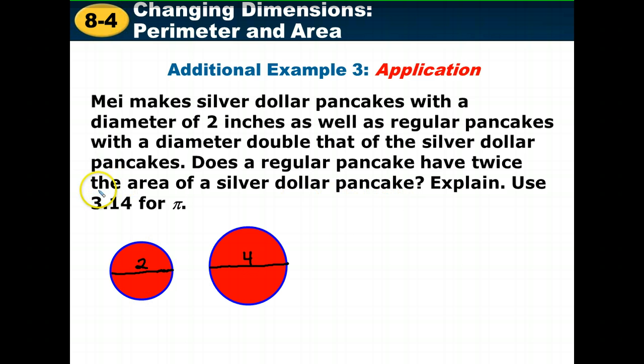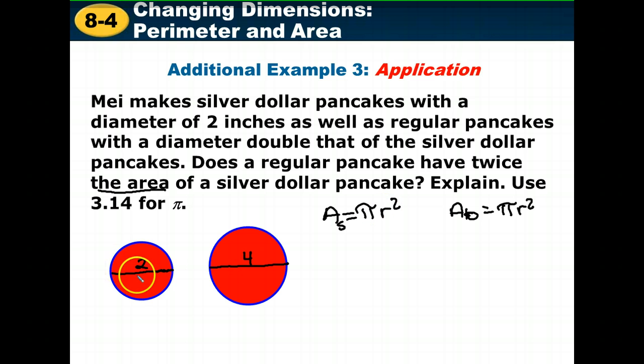Great. Now please be very careful. They're asking us about the area. Does the big one have twice the area of the smaller one? Did it double as well? So we have to go ahead and prove it. We're talking about circles, and the area is pi r squared. So let's first find the area of the small one and then the area of the big one. Please be careful that when we use area for circles, we use the radius.